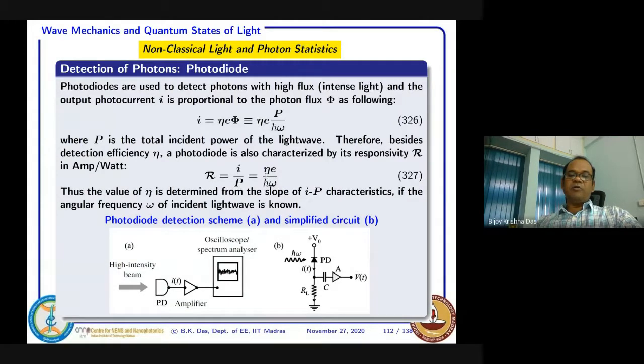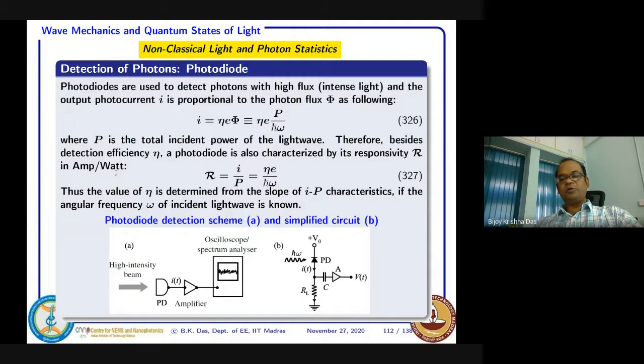So you have to know the efficiency eta and lambda, which is defined as the responsivity, and obviously its dimension will be ampere per watt. That is one characteristic or figure of merit we can say.